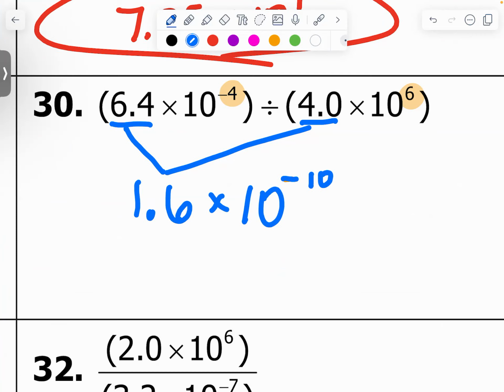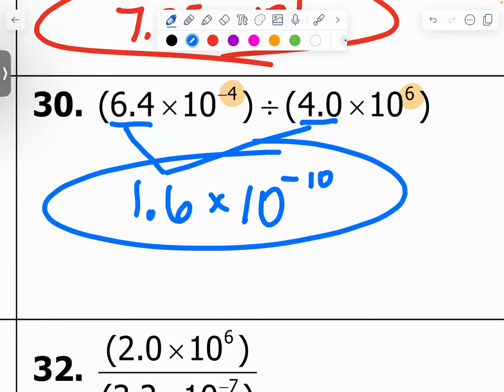Minus 6. Emma, look up here. Here's negative 4. And if I'm subtracting, I'm going this way. 6. Yeah. Thank you. We divide them? It's fine. So you divided these two numbers, and then for our exponents, we subtract.